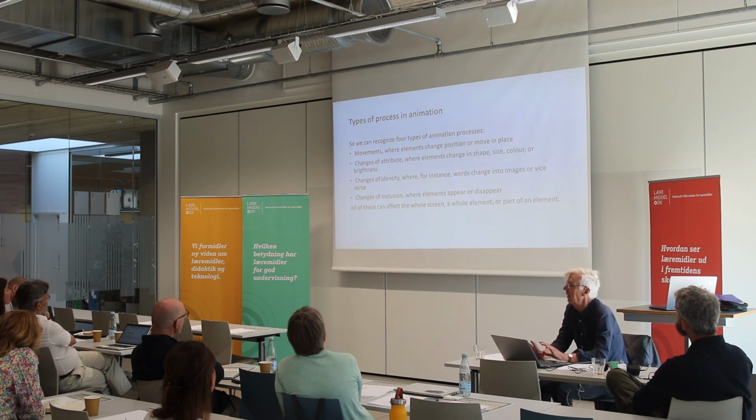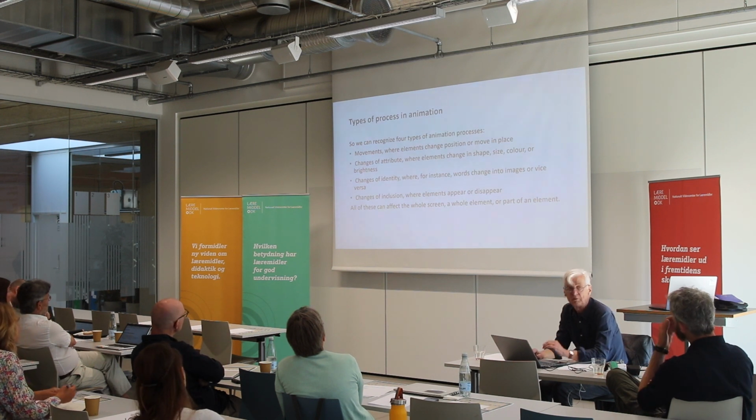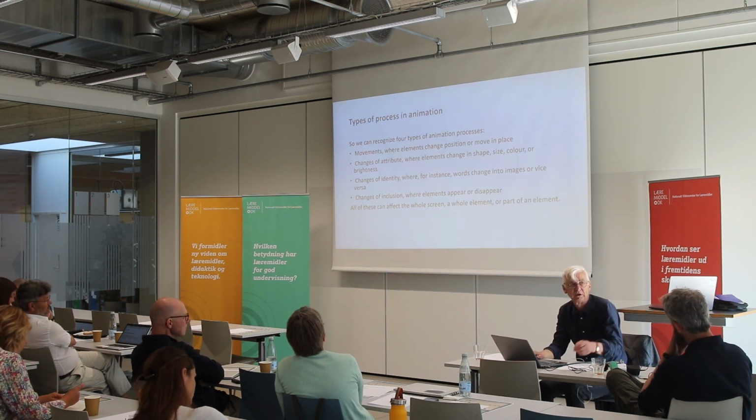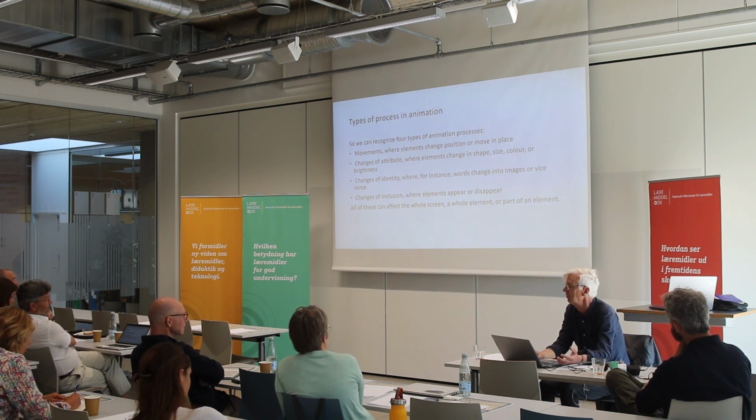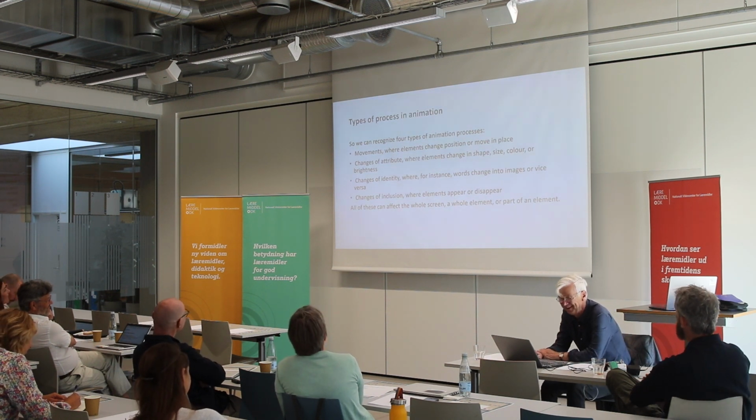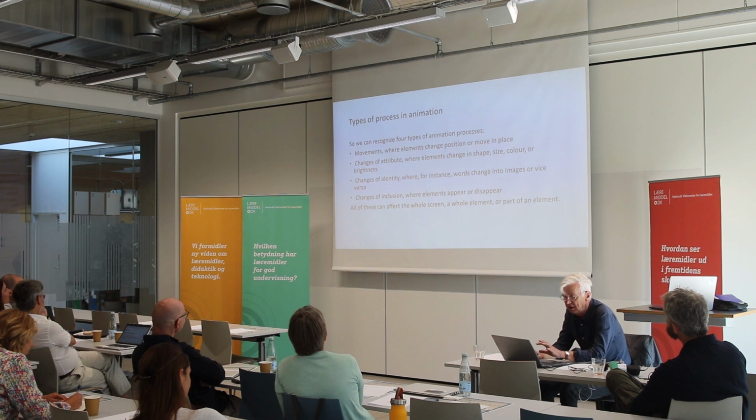So that's the part of trying to explain to you the tools, and I'm quite happy to pass on these slides if you want to look at these examples on your own. That would probably be helpful, because like animation, this too goes very fast. So we basically recognize 4 types of animation processes.